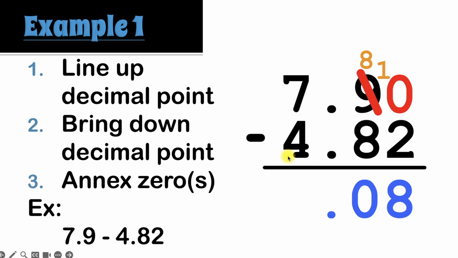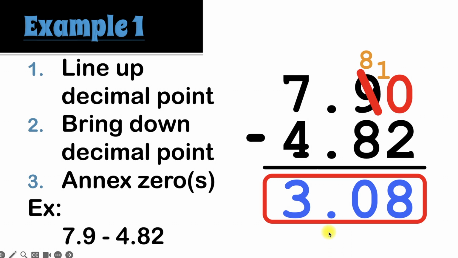And 7 minus 4 equals 3. Making our final answer 3.08, properly read as 3 and 8 hundredths.